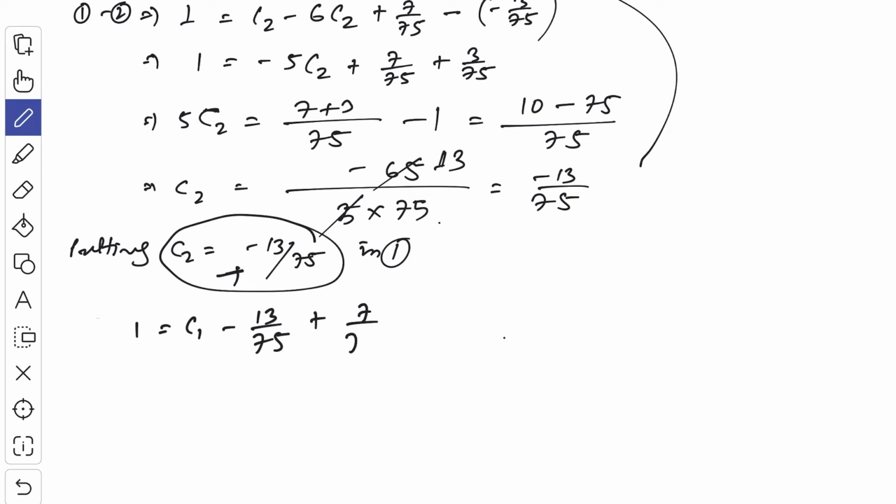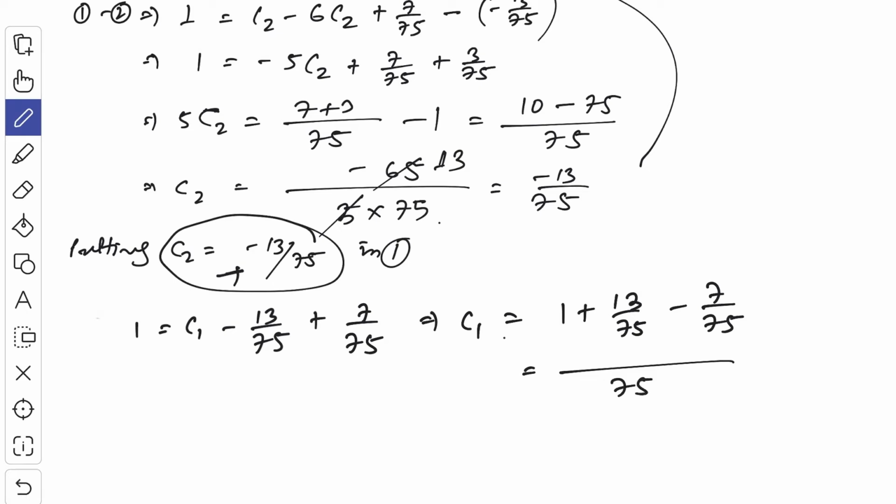So if you calculate these two, then this implies c1 is equal to 1 plus 13 by 75 minus 7 by 75, and the LCM will be 75, plus 13 minus 7, and that's going to give you 81 by 75, and if you cancel by 3, then you will get 27 by 25.